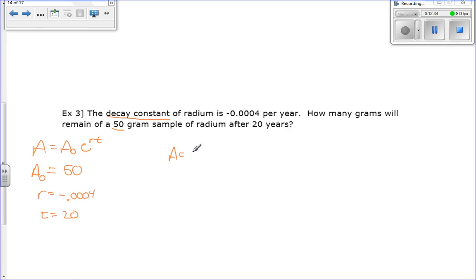So A equals 50 e to the negative 0.0004 times 20. So I need to multiply in my exponent first. When I multiply, I will get negative 0.008.